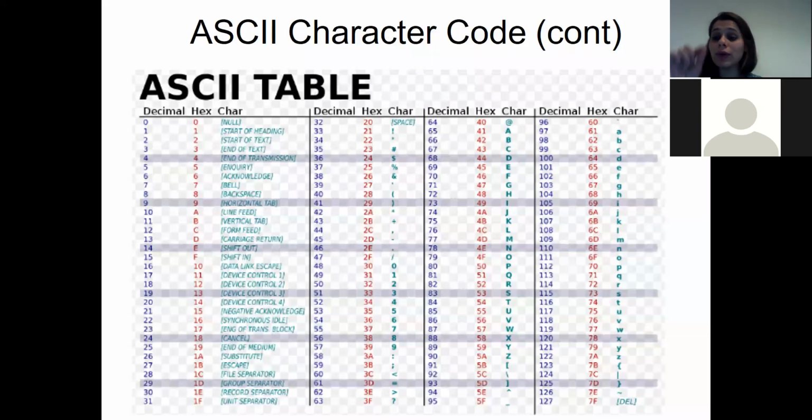Hello is lowercase. So you go to H, and this is the number in front of H, and then we've got E. This is the number in front of E. And then this is the number in front of L. We've got two L's, so write it again. And then we've got O, and this is the number in front of O. So you have the list of numbers in there, and then you convert those numbers into binary.